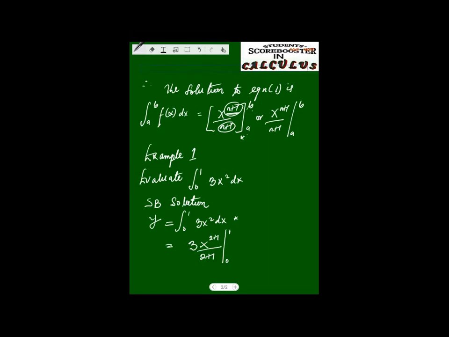So I'm going to have 3x raised to power 3, that's 2 plus 1 over 3, right? And I'm going to have my limits. So 3 cancels 3 here. So I'm going to have x raised to power 3 with limits 0 and 1.